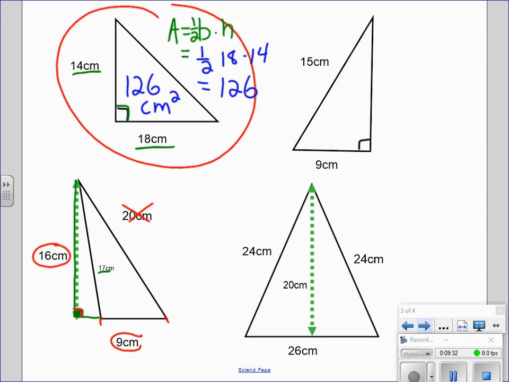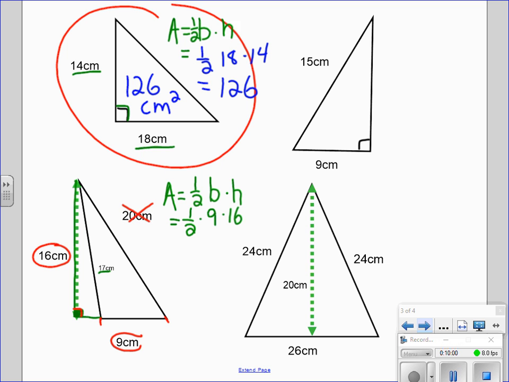All right, then, we will take the 9 centimeters. We will write down the formula. Area equals 1/2 the base times the height. We've got 1/2 times a base of 9 and a height of 16. Holy cow, I do not know what 9 times 16 is.